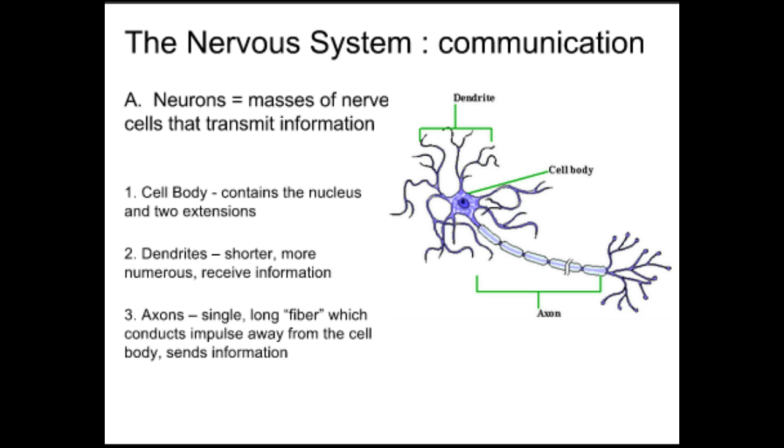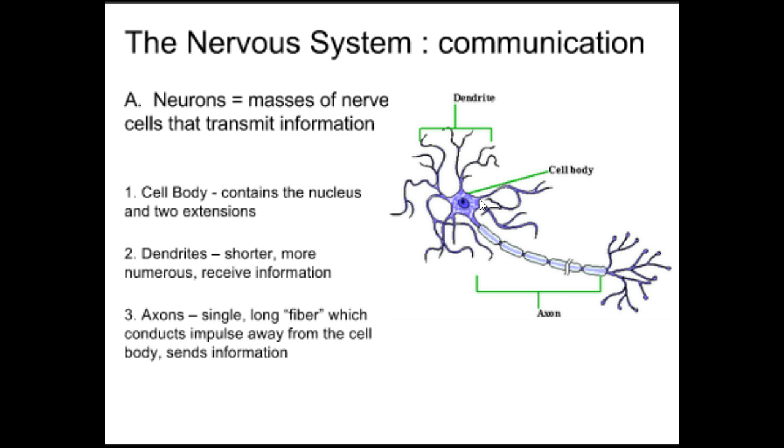And neurons are just the cells of the nervous system, and masses of the neurons put together will form a nerve, and they transmit information, which it says right there. The cell body. So neurons are made up of a cell body.